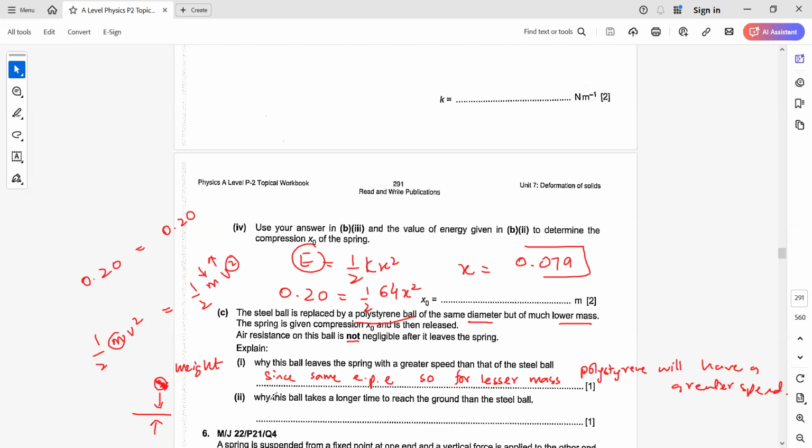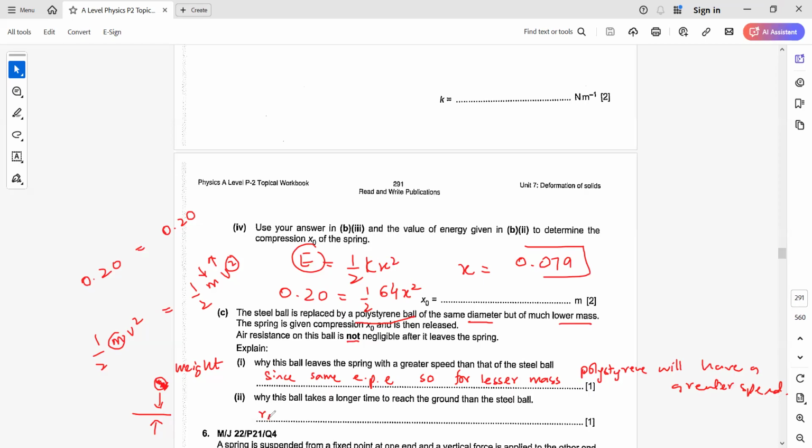So they have a very high value of acceleration for heavier objects, but that is not the same for lighter objects. So a lighter object is going to reach terminal velocity way more quickly than the heavier objects. So that's what I'm going to write here.